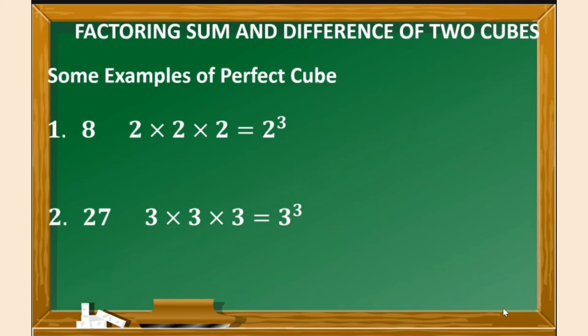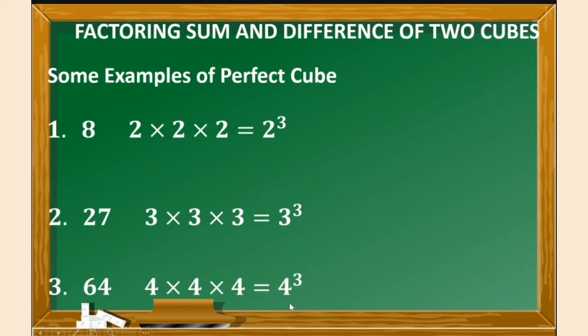Next, 27. The perfect cube of 3 because 3 times 3, 9 times 3, 27. So, therefore, the perfect cube of 27 is 3 raised to 3. Next, how about number 3? 64. That is the perfect cube of 4 because 4 times 4 is 16. 16 times 4 is 64.